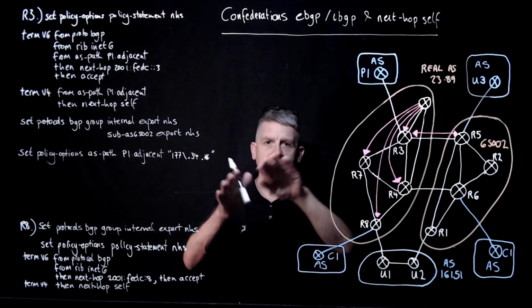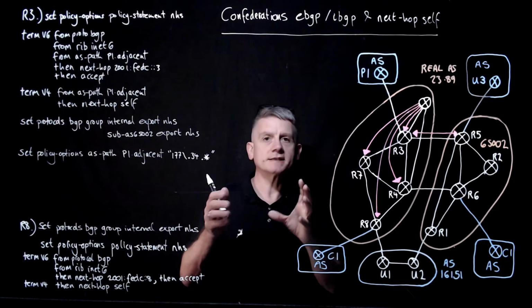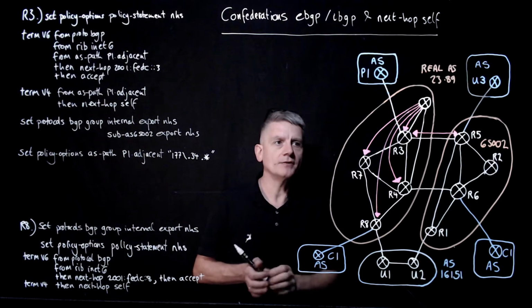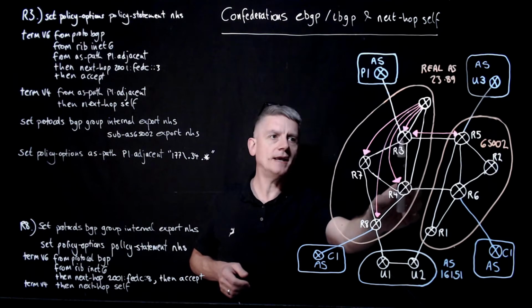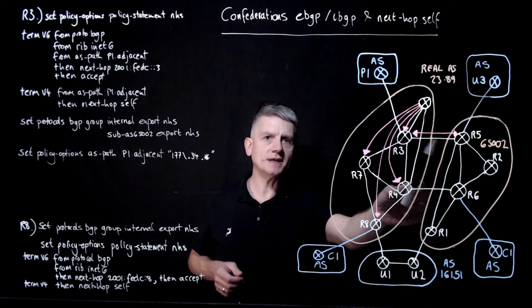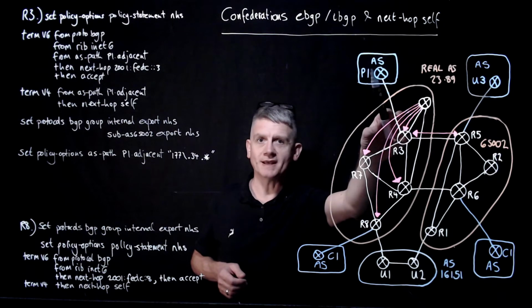And that's because the Confederation really operates as a single IBGP cloud. So that's a real gotcha. We're in between the IBGP and the CBGP, and we have an external peer.